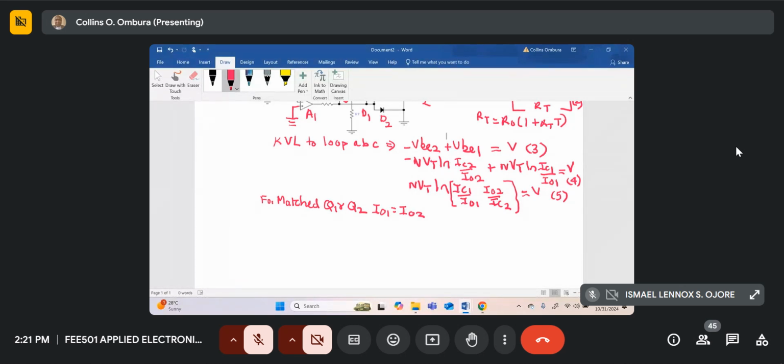So 5 can be written as eta Vt natural log IC1 divided by IC2 is equal to V.